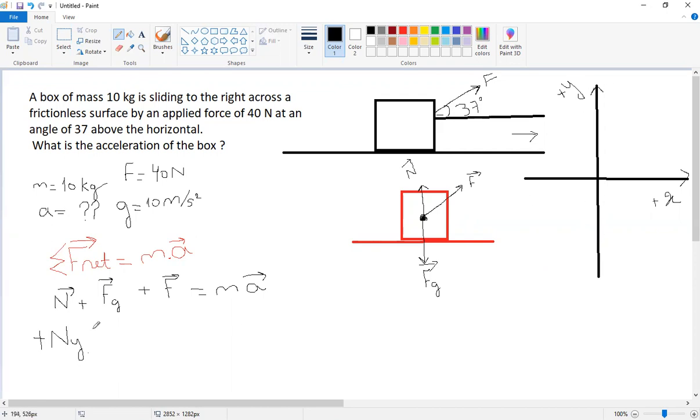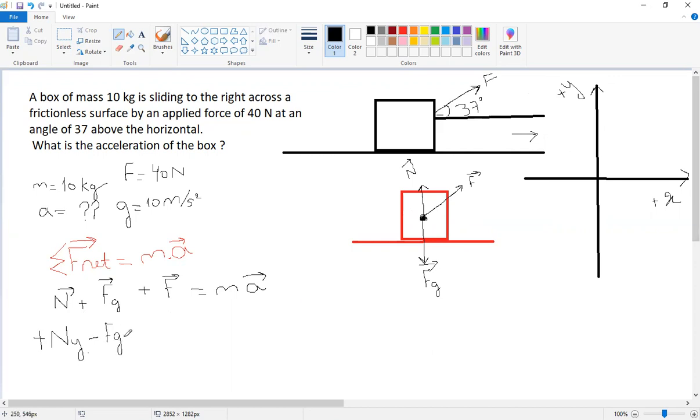Fg is pointing downwards along the y-axis, and downward means it is negative. Why is that? Because we chose the upper direction to be positive. So it's negative Fg.